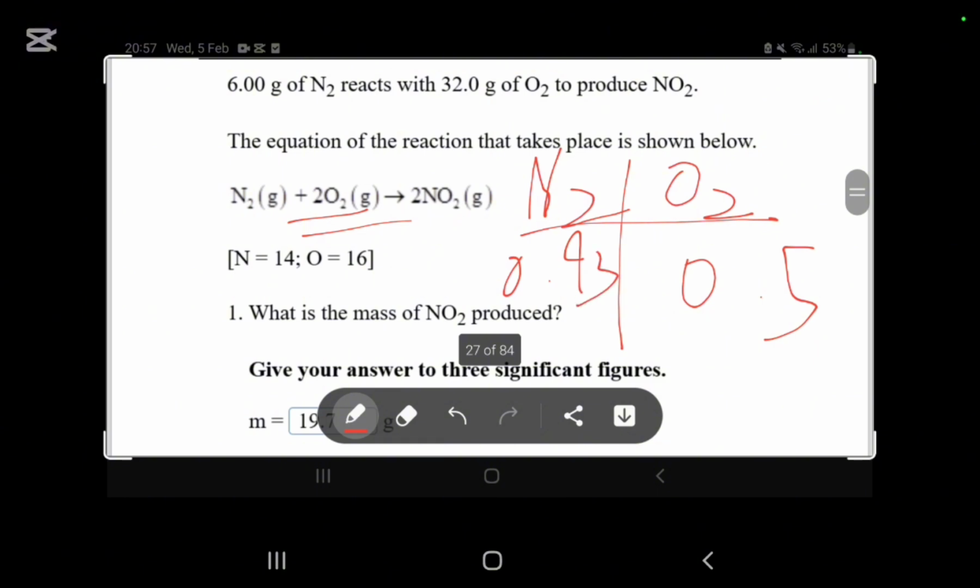And for that, we use the limiting for the moles per coefficient. So we do 0.43 times 2, which will give us 0.86. We do that times the molar mass, which is 14 plus 32, which is 46.